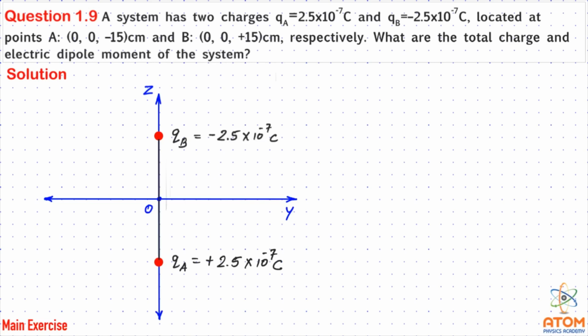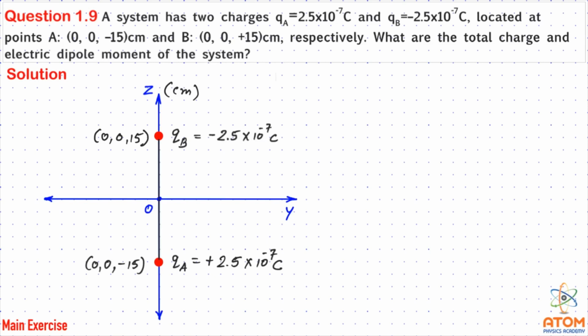Now, as the coordinates are given here, this is 0, 0 and minus 15, and this is 0, 0 and 15 centimeter. Let me mention here that all the distances are in centimeter right now.